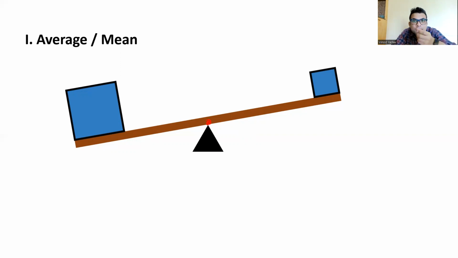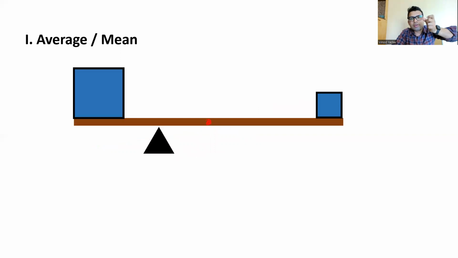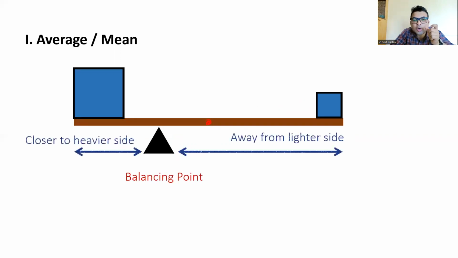Shift this balancing point to the heavier side and make it horizontal again by giving more support on that side. Isn't it? So what does this logically tell you? Yes, the resultant average, that is the balancing point here, will always be closer to the heavier side and away from the lighter side.